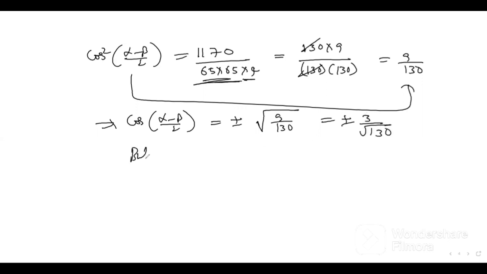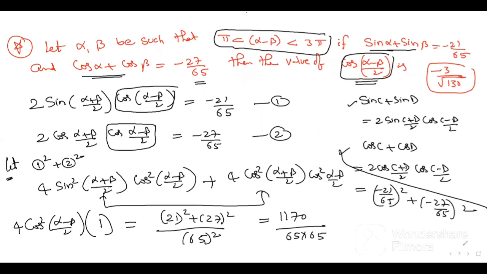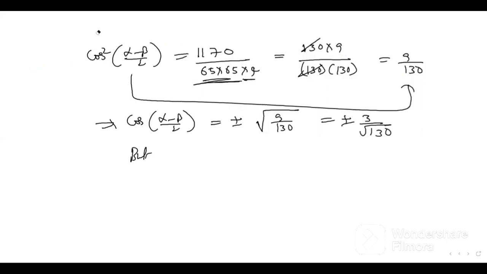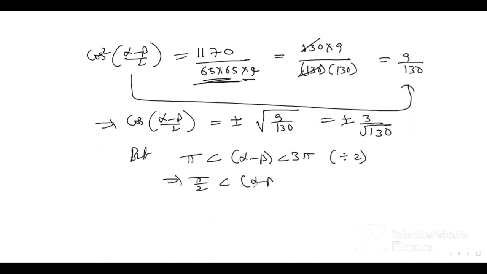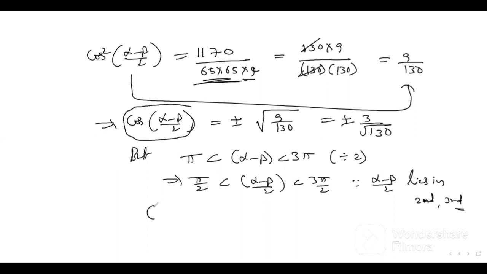But here alpha minus beta lies between pi and 3 pi. Dividing by 2 on both sides, pi by 2 is less than (alpha minus beta) by 2, which is less than 3 pi by 2. So (alpha minus beta) by 2 lies between 90 and 270 degrees, the second and third quadrants.